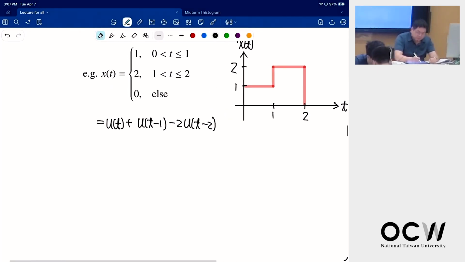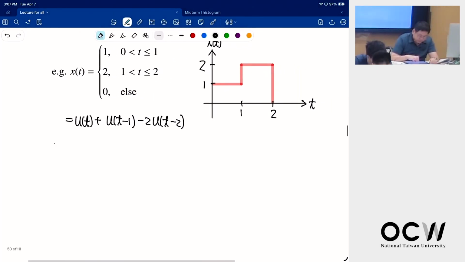Then what is your Fourier transform? You can see that as long as you know the Fourier transform of the unit step function, that's it. You don't need to do the integration by the definition. Okay.